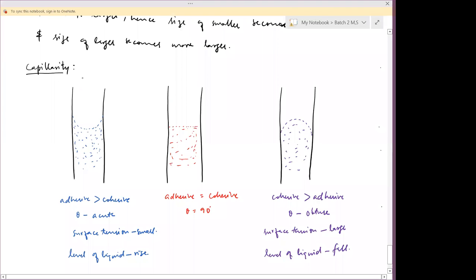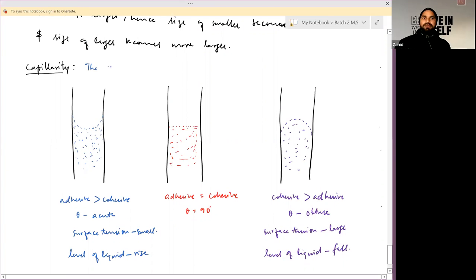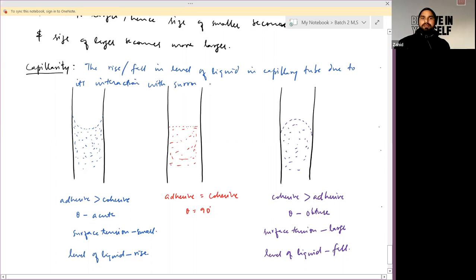Yes, sir. So capillarity is the rise or fall in level of liquid in a capillary tube due to its interaction with the surrounding particles of the tube. It is called capillarity.